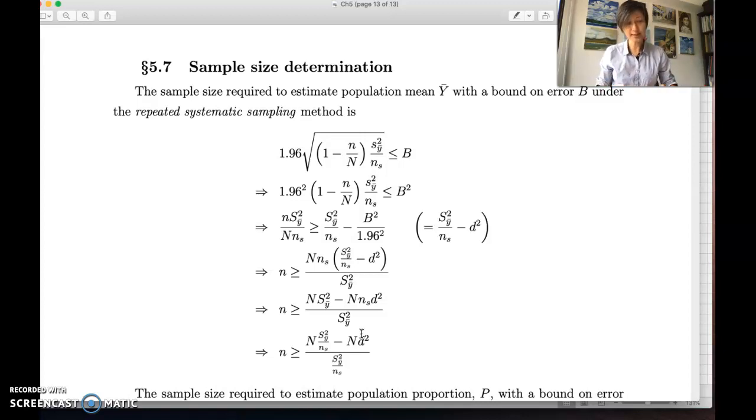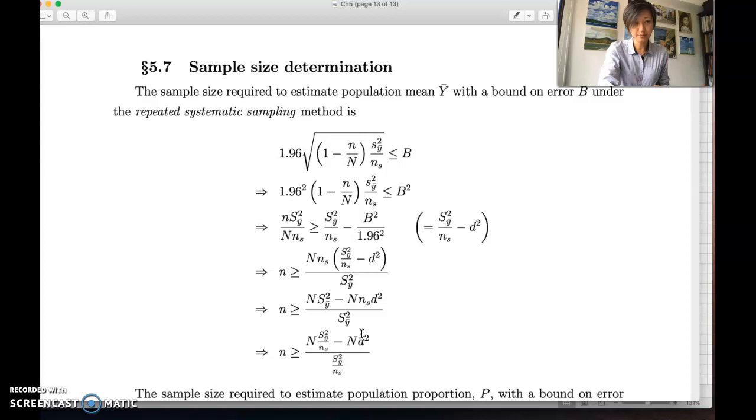So that could be a superior sampling scheme than simple random sampling or stratified sampling, because this is one kind of cluster sampling scheme that would achieve a smaller variance estimate.